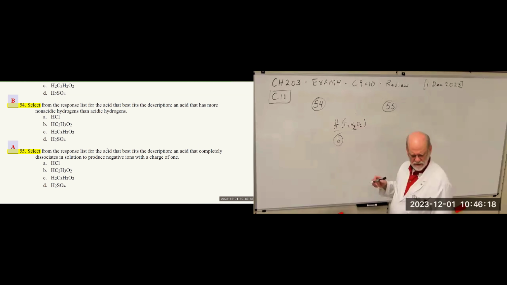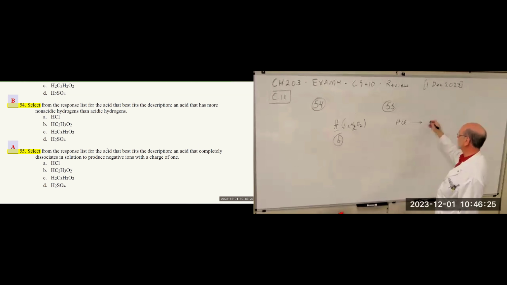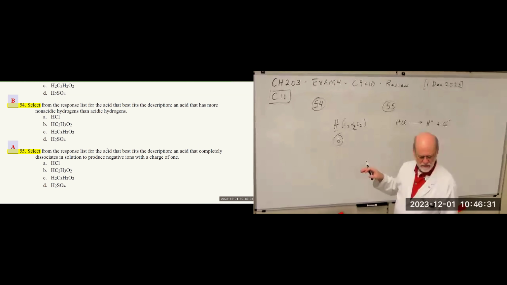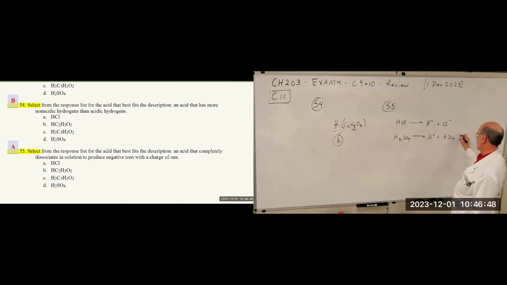Hold on a second. HCl ionizes to produce that plus that, so there's your negative charge and there's your one hydrogen. And H2SO4, its first step is strong, right? That one plus HSO4-.